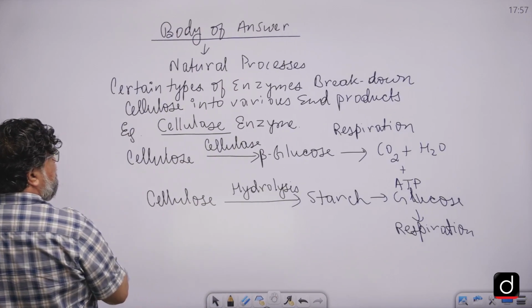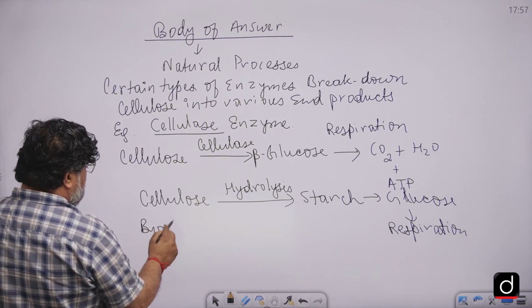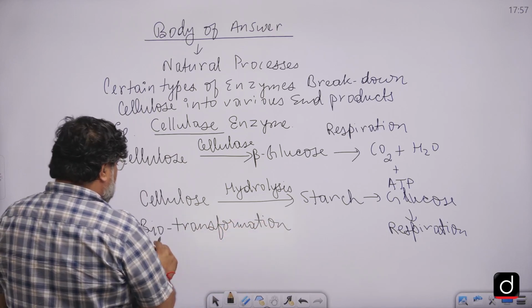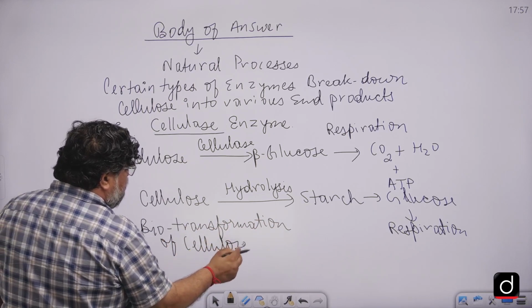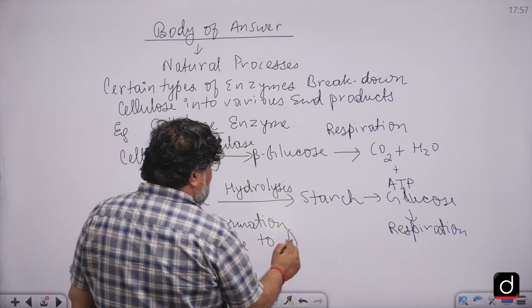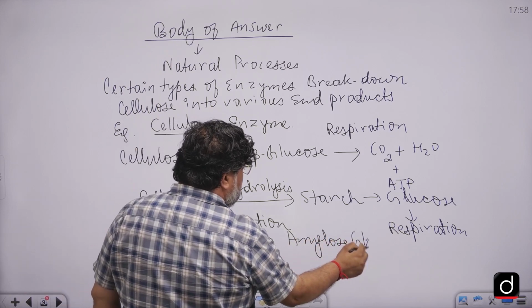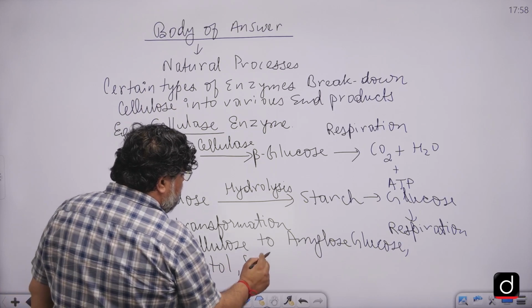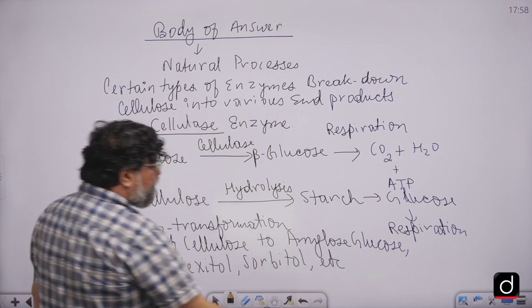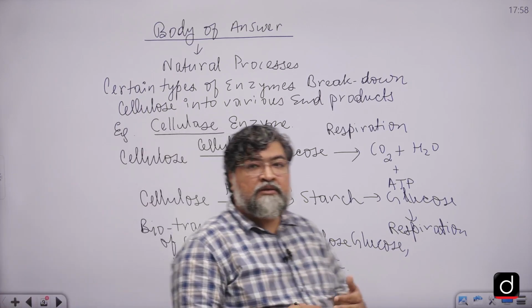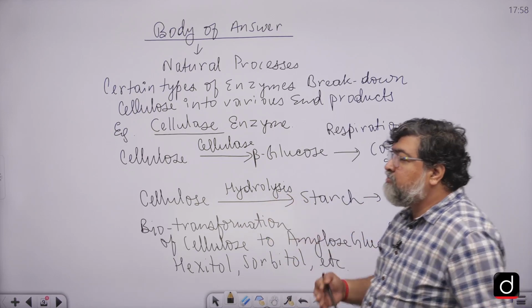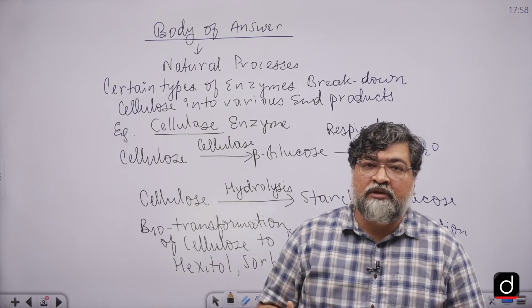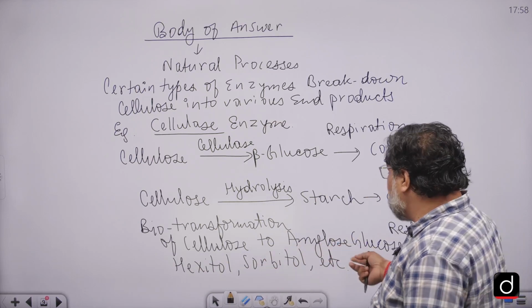There are also biotransformations, not only in terms of hydrolysis of starch, but it can be biotransformation of cellulose into other types of products here, into amylose, glucose here, or let's say hexitol, or let's say sorbitol, etc. Even plants, by their cellular mechanism, can convert the same cellulose into other kinds of products, which may be very valuable to human beings, like for example sorbitol, hexitol, and amylose glucose.